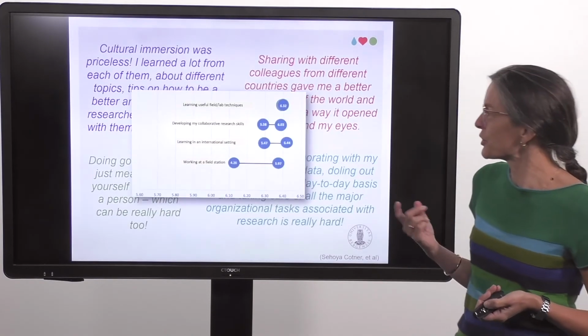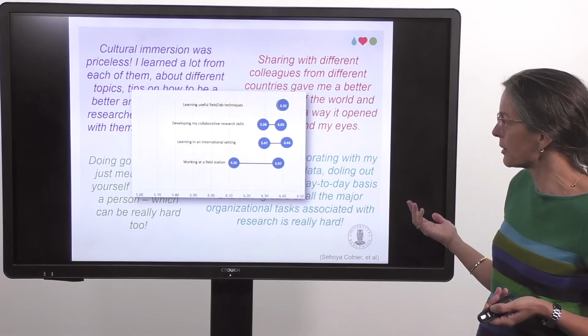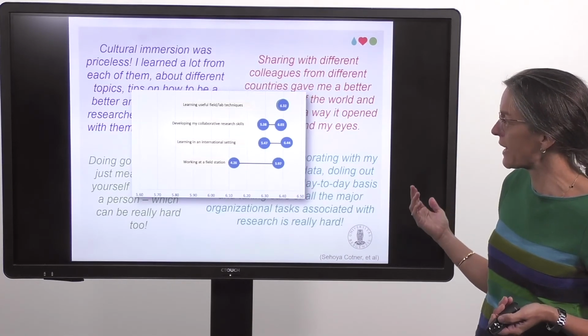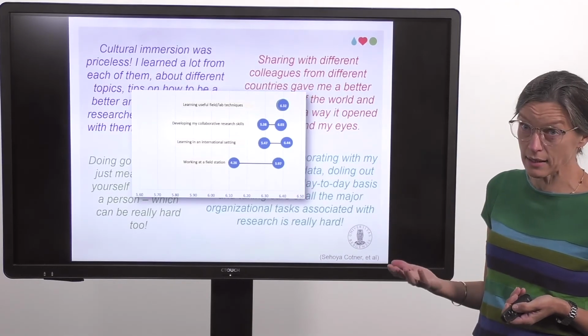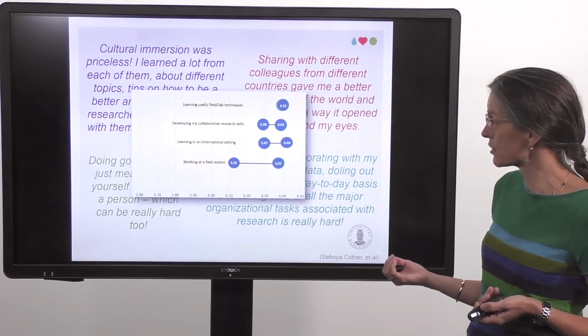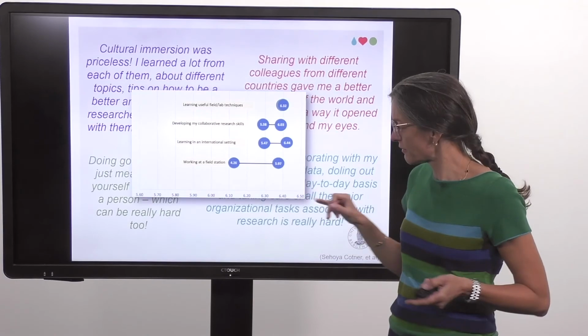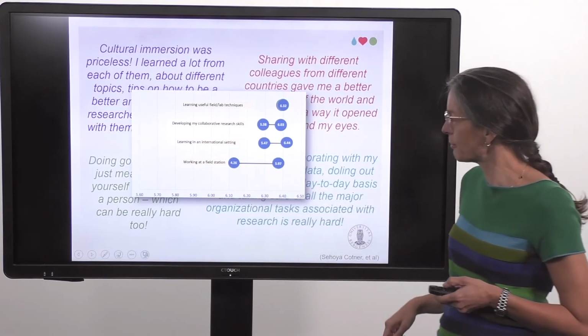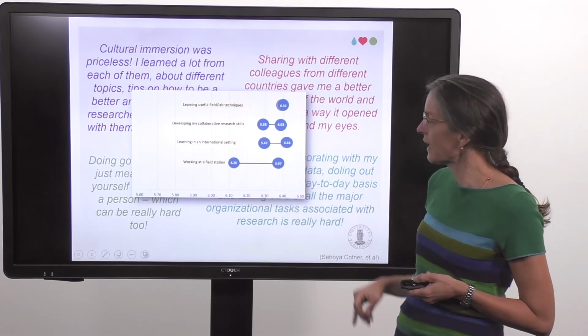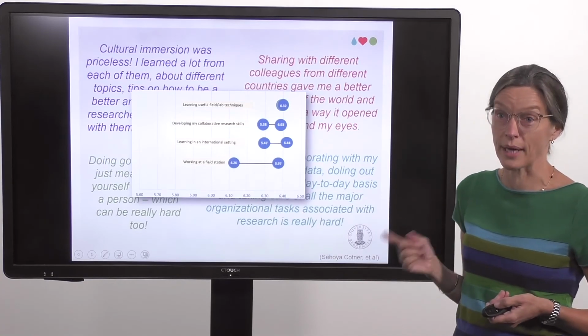And I just wanted to show you this because these are dumbbell plots, and basically what they show is what the students were expecting coming into the courses. So that's the left-hand side of the point, and then what they were reporting going out.